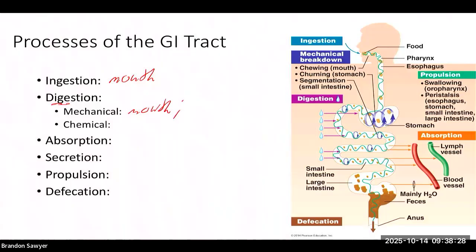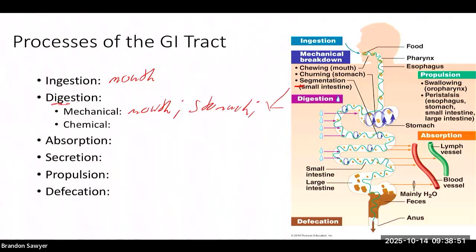Where would be another place that mechanical digestion could happen a bit? The stomach, yeah, the stomach can move around a lot and does lots of churning. It's really showing that here, right? So the stomach, but then also the small intestine, as it says right here.